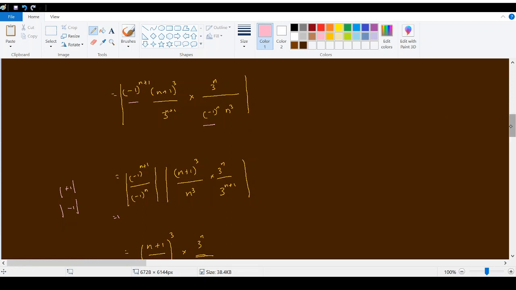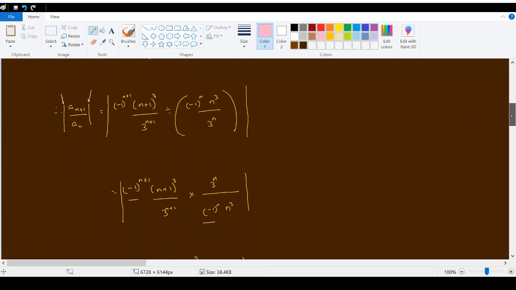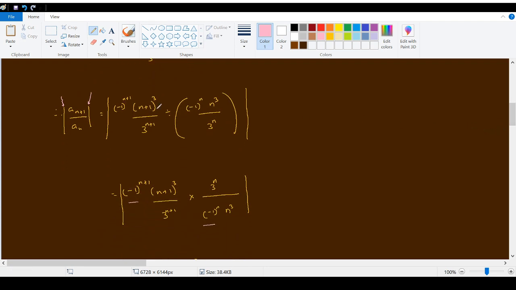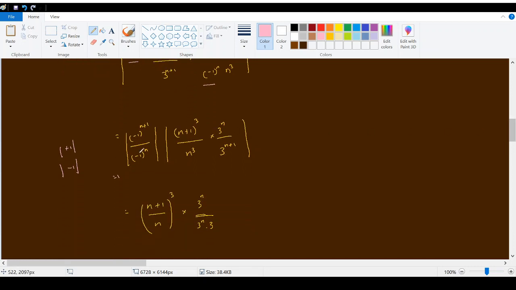So actually this negative 1 to the power nth term will not play any significant role when you are taking the modulus. So then we can just get rid of that negative 1 term, and then we can see that the remaining part is a positive number. So we can even write everything without a modulus sign, because the modulus of a positive term is equal to that same number.